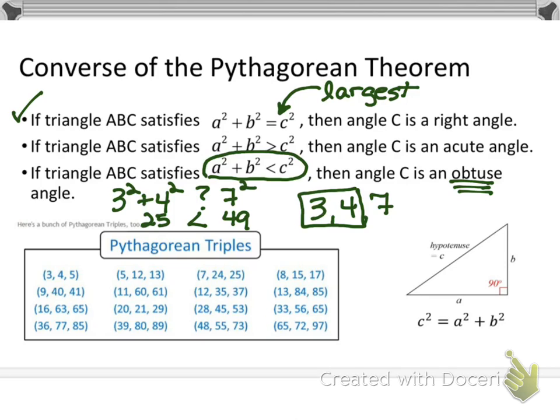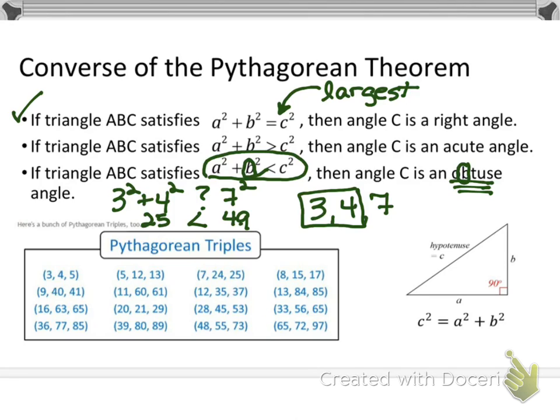So how do you remember this? Well, do you see how the less than symbol, if you say 25 is less than 49, read it that way, the less than symbol is pointing to the b. And what letter is in obtuse? b. If you have a less than, it is an obtuse triangle.